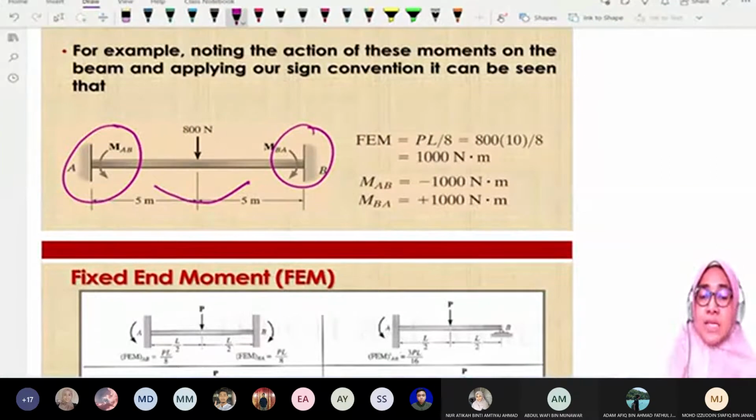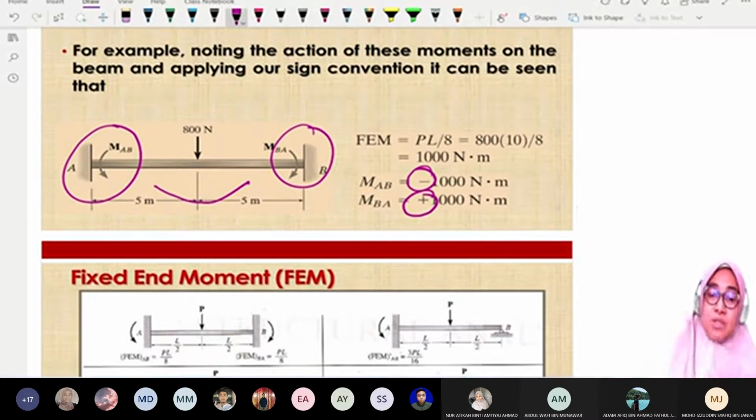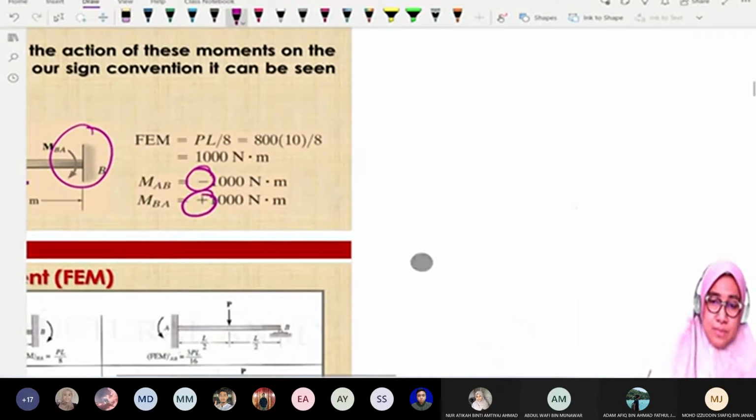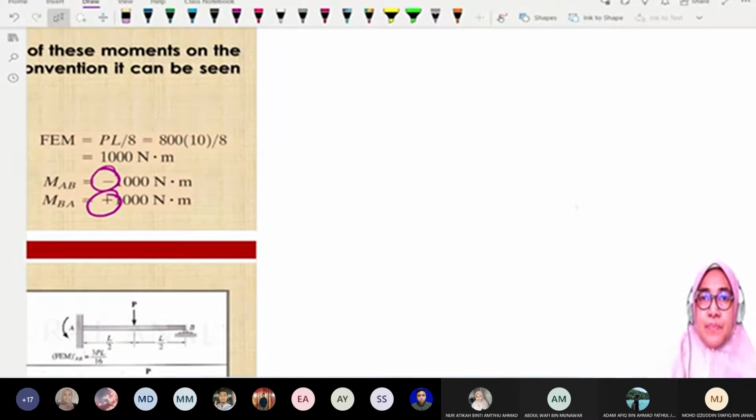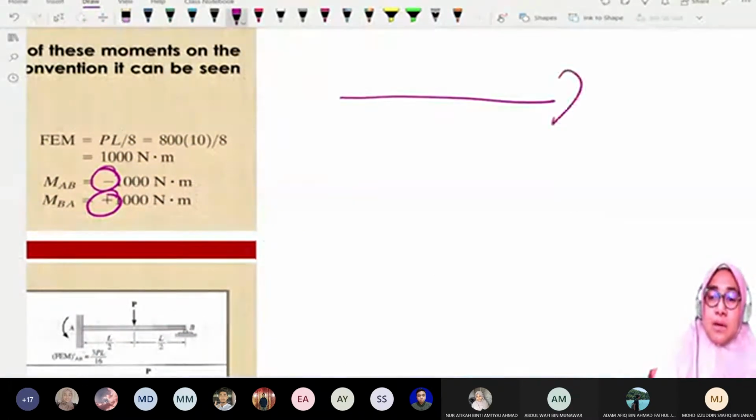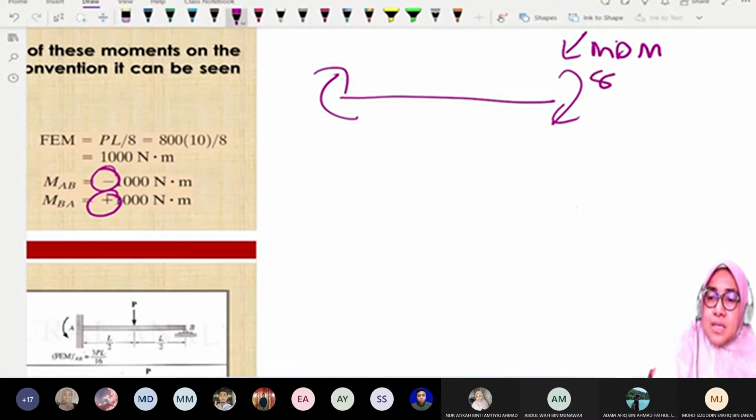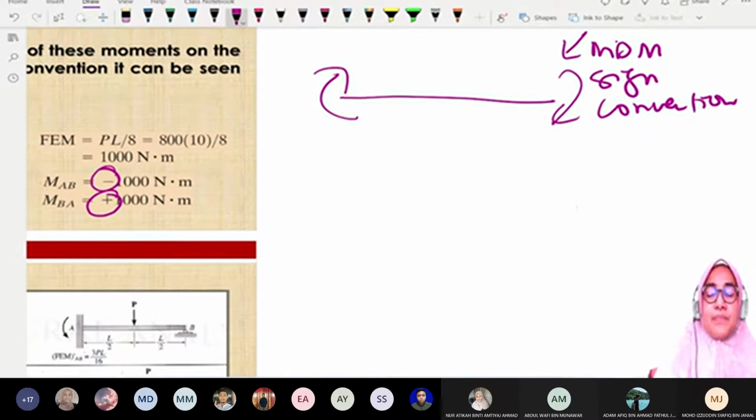And why is it negative and positive? Sini negative, nampak tak? Sini positive. Because we compare with sign convention. This is the sign convention for MDM: clockwise.